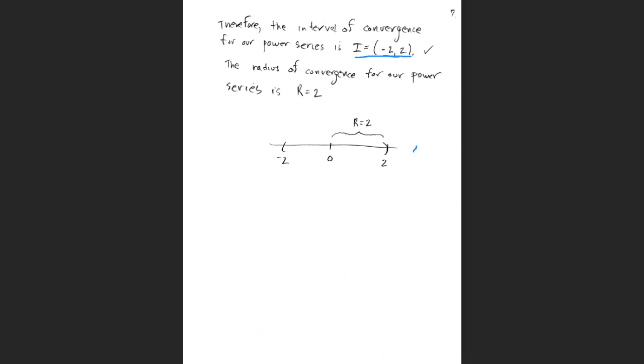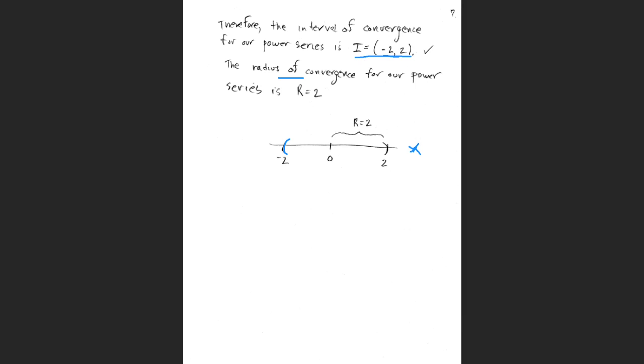And what I've done here is draw on the number line a picture of the interval. Now, the radius of convergence is what you get if you take the length of your interval and divide it by 2.